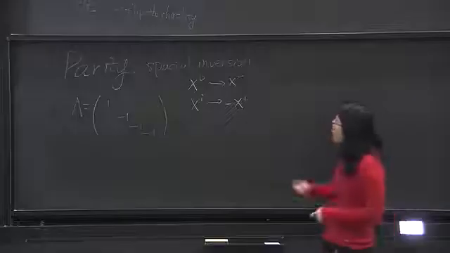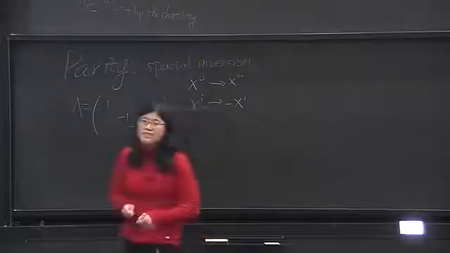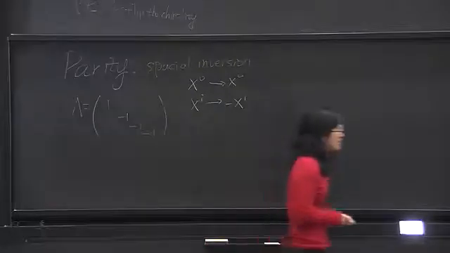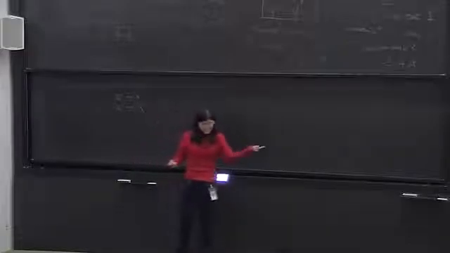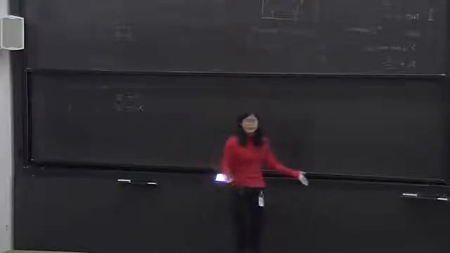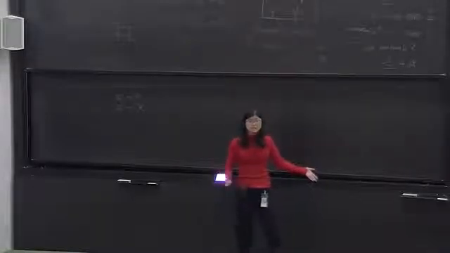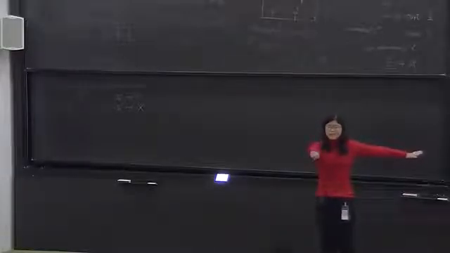Okay, see, flipping three spatial signs is hard. But we can simplify this problem a little bit by using the fact that as long as you are a Lorentz transformation that has been studied before, that is continuously connected to the identity, then I know what happens. So here we're going to do a silly demo by looking at me, and this is the x-axis, and this is the y-axis.